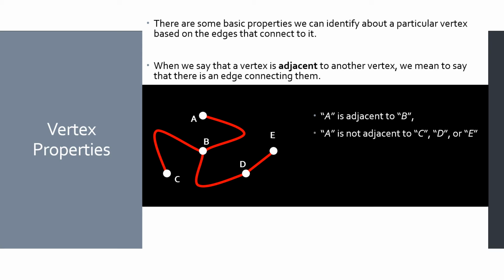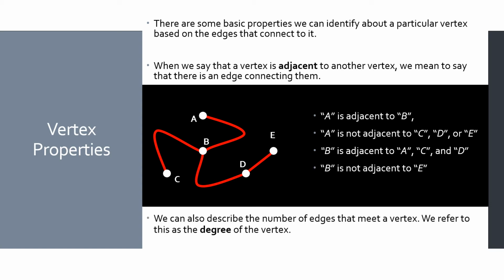But A isn't adjacent to C, D, or E. So even though this is connected, because A has a path to all of the other vertices, it doesn't mean that there's an edge between those things. And in fact, A isn't adjacent to C, D, or E. B, however, is adjacent to A, C, and D. You can see because they have those 3 edges, but it's not adjacent to E.